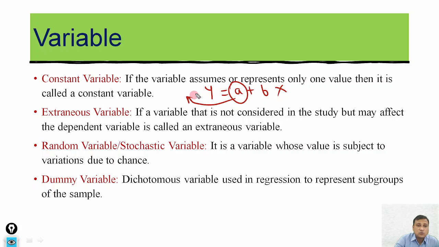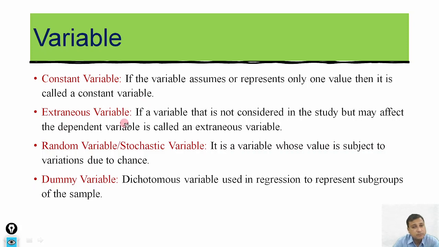Here this a is known as a constant variable. Why, how, and what the meaning of this is, we'll see in that respective lecture. Here is the simple definition of a constant variable: if the variable assumes or represents only one value, it is called a constant variable, and this term is used in regression.